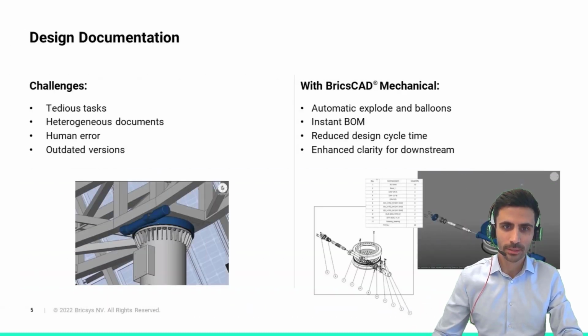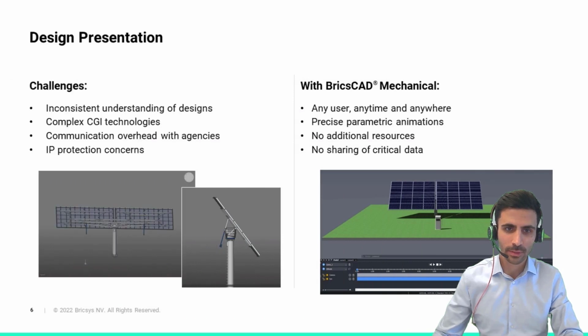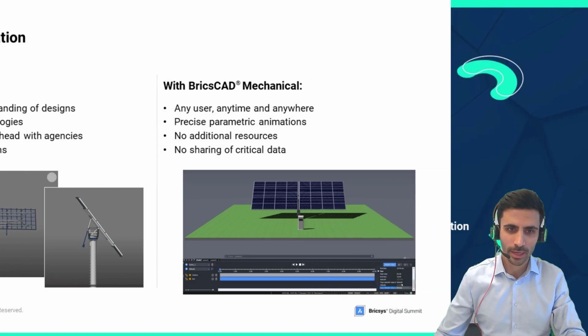With BricsCAD, you get time-consuming manual steps automated by smart algorithms, as in the intelligent explode view. Lastly, with BricsCAD, telling a product story means simplicity and accuracy. With just a few clicks, you will create video materials of your product in action from any parametric animations.